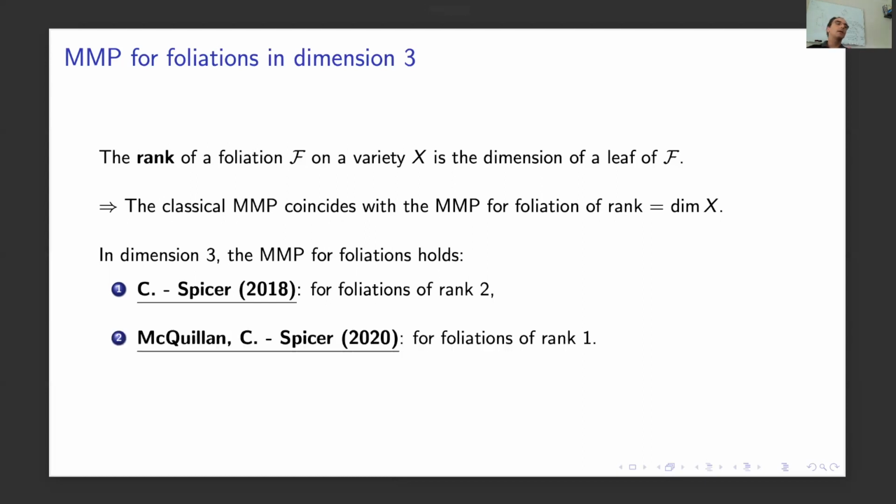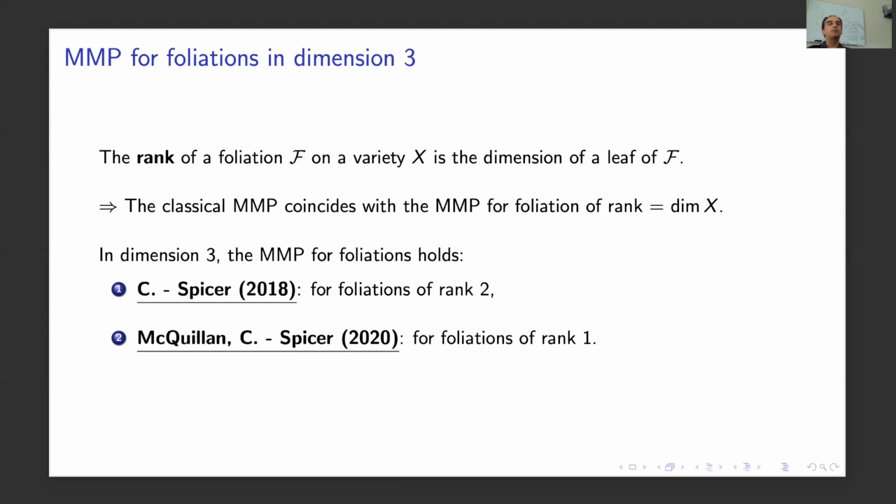Independently, this has been done from a different point of view by McQuillan, using foliation theory, and by us, sorry, I should have said it, in collaboration with Calvin Spicer, using more methods from classical birational geometry.